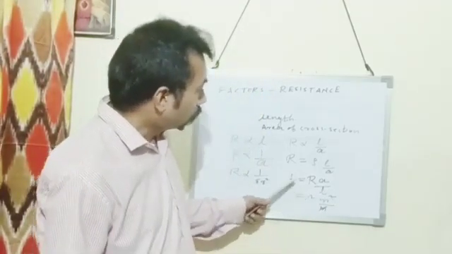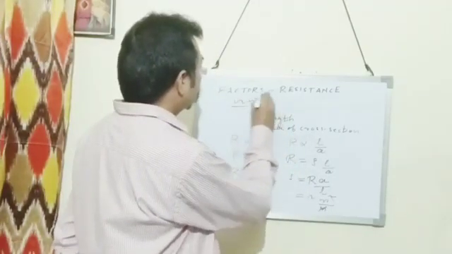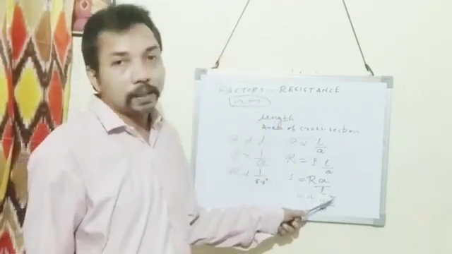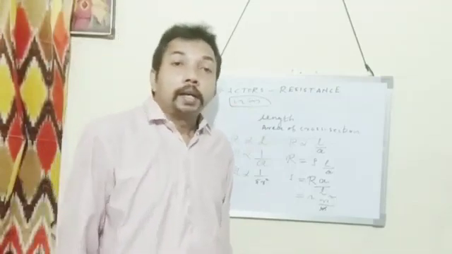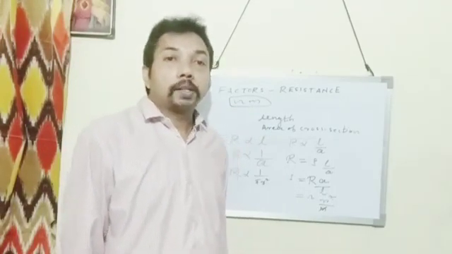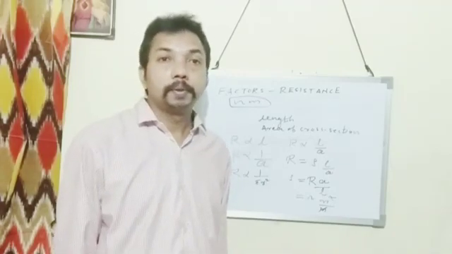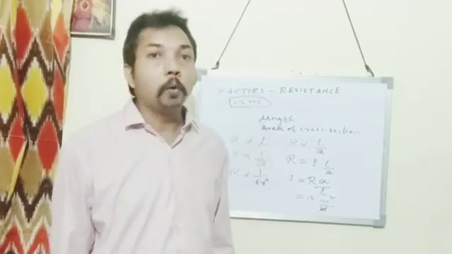So we get the unit of specific resistance, that is ohm meter. And conductivity is the reciprocal of resistivity, so its unit will be 1 upon ohm meter.